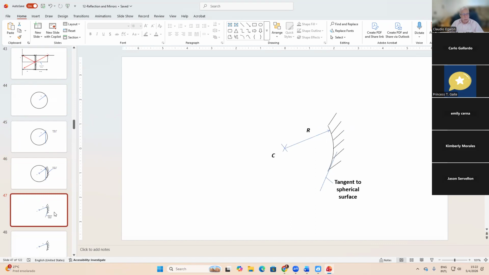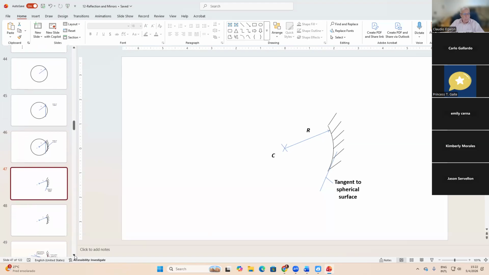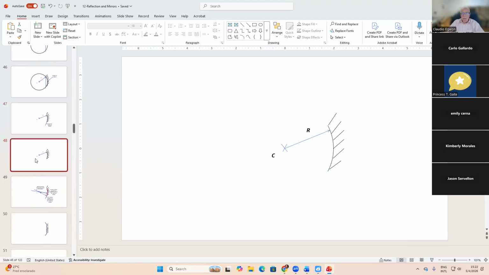But geometrically, that's how you should envision this spherical mirror. It's a hubcap from the wheel of your car. And this hubcap has a radius of curvature r.